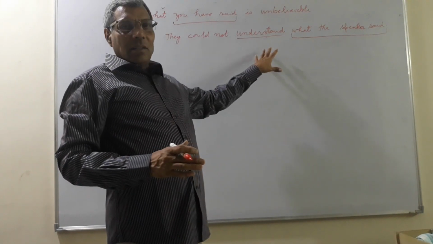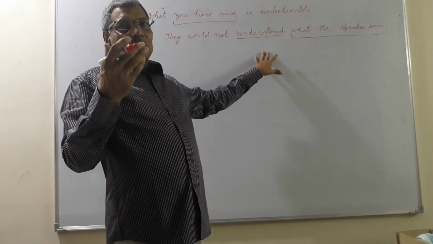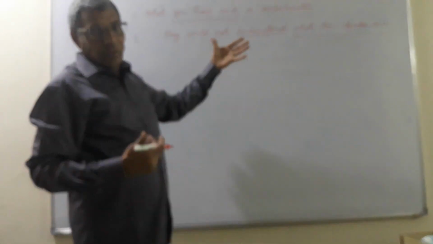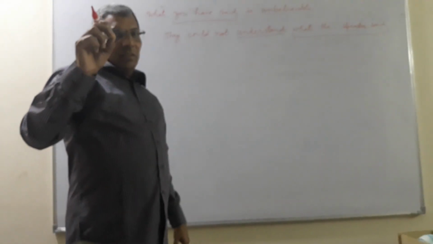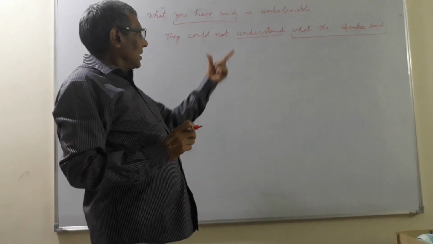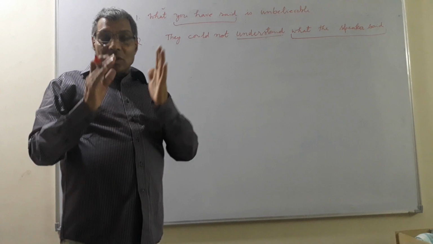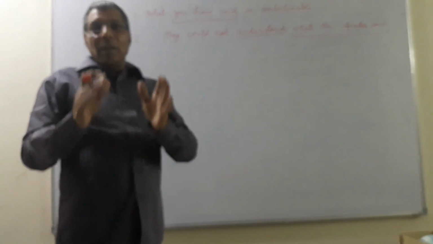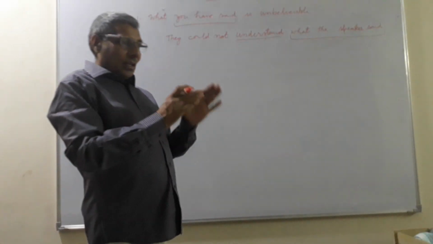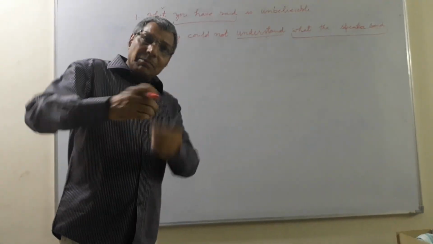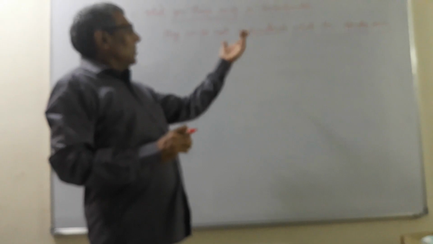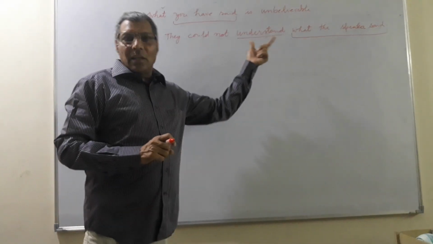So that is not the way to understand this clause. The best way to understand this clause is to see if the clause is being used in place of a noun, or if this clause can be replaced by a noun.